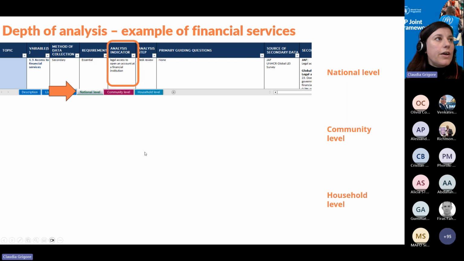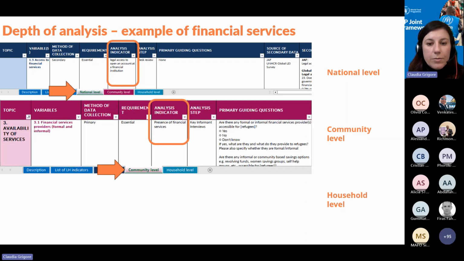Now, if you have a look at the community level for the same service, here we will assess the presence and availability of financial services for the community, whether they're formal or informal. And as you can see here, this is obtained through primary data collection and mainly through key informant interviews, as is specified in the columns here.